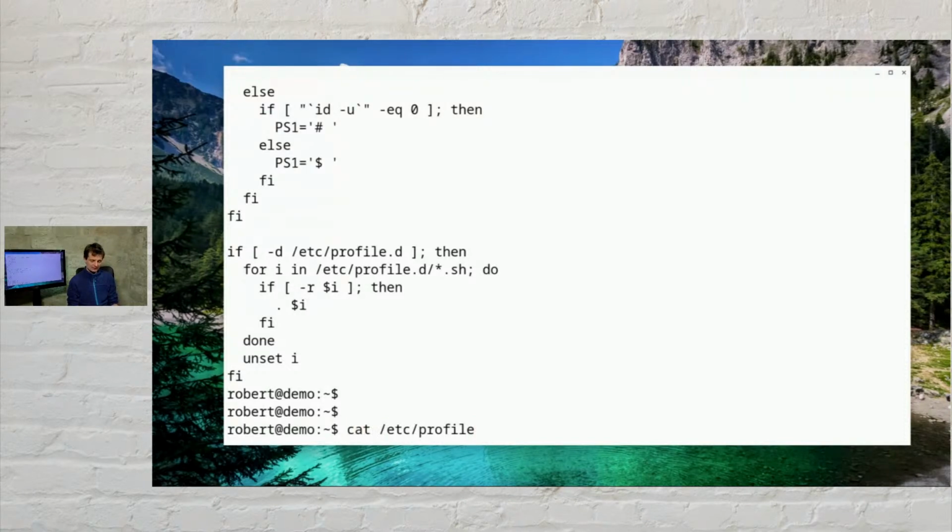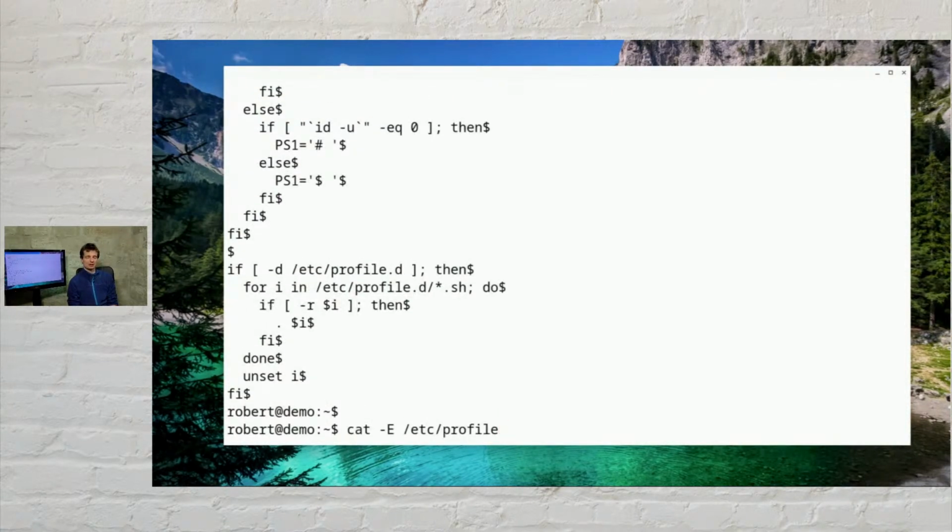With the cat command, let's mark the end of the line with -uppercase E. The marker for the end of the line is the $ sign, and so we see every line ends with the last real character.